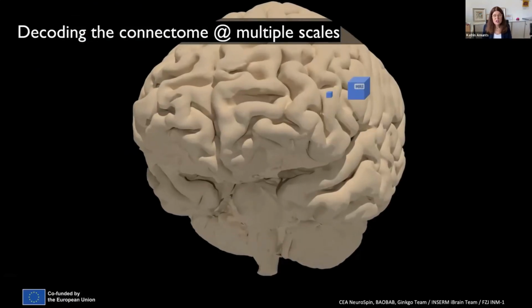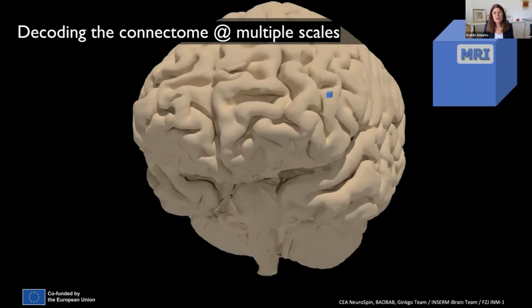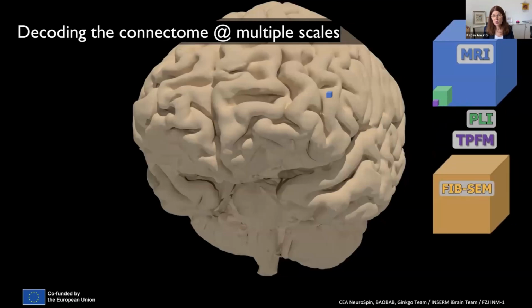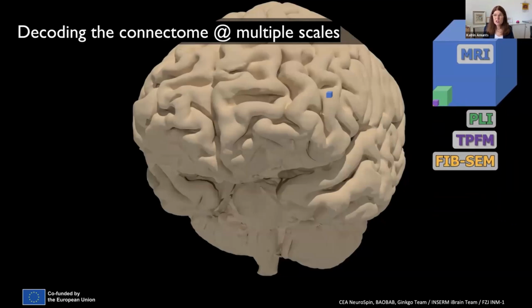So let me finish with this movie coming from Markus' team that shows you really the challenge that we are addressing when we address the human brain. It's really a challenge related to the multiscale character of the human brain, where with microscopical techniques we can go very much into detail, but losing a bit the background and the surrounding.